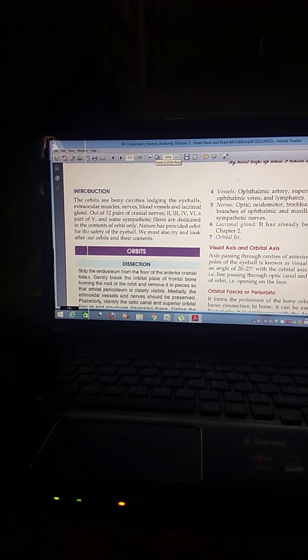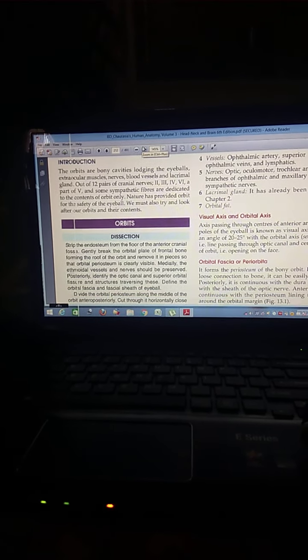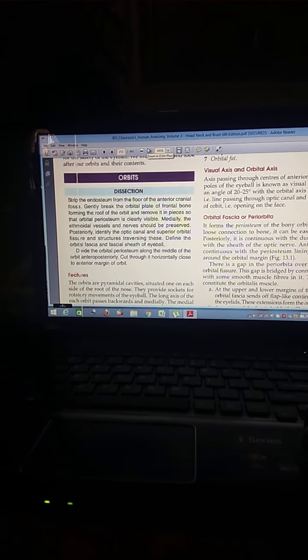And the lacrimal gland, which is already studied in chapter 2, and orbital fat. Now visual axis and orbital axis. The axis that passes through the anterior and posterior poles of the eyeball is known as the visual axis.